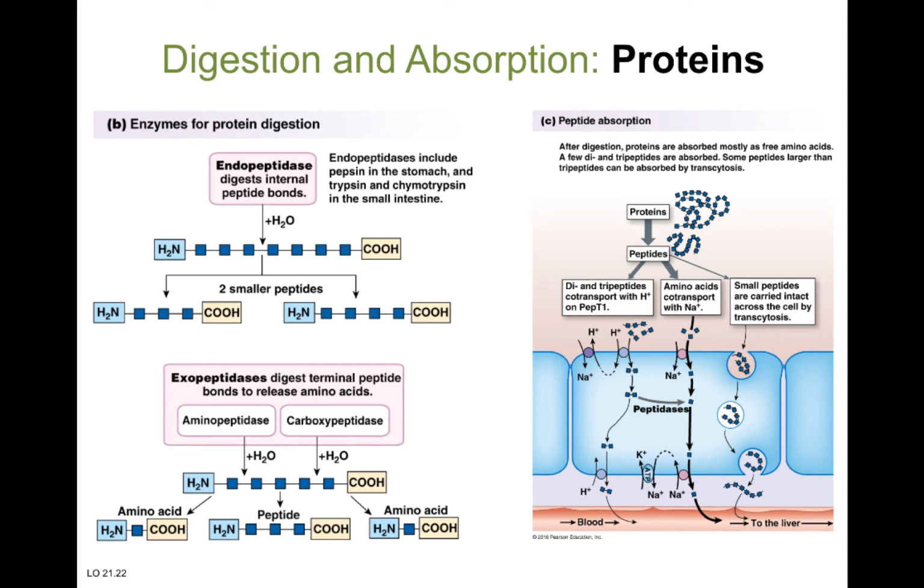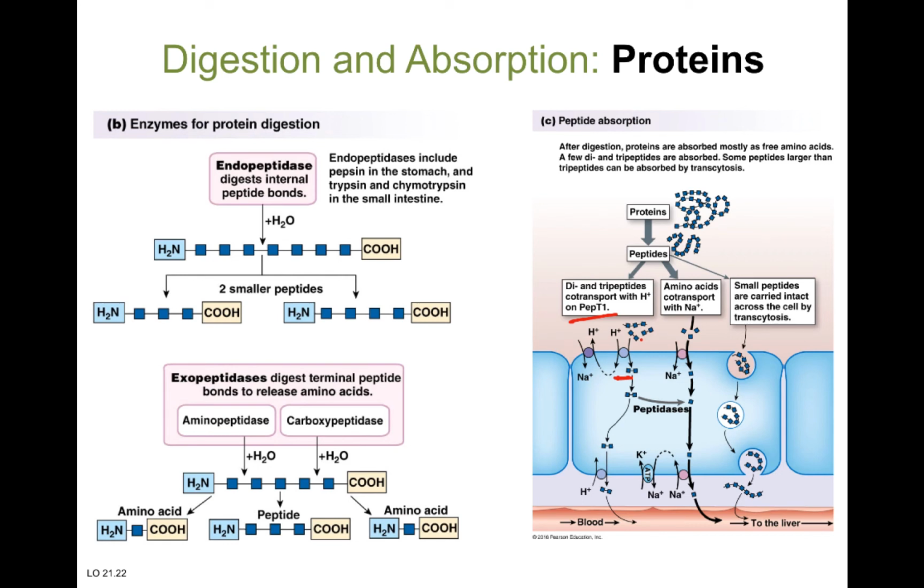They can be in the form of di, or 2, tri, 3, so dipeptides and tripeptides. The enterocytes absorb them through a transporter called PepT1, shown right here. All I expect you to know is that they're absorbing the protein through the use of a hydrogen transporter.